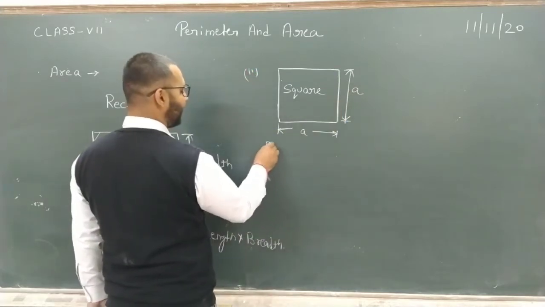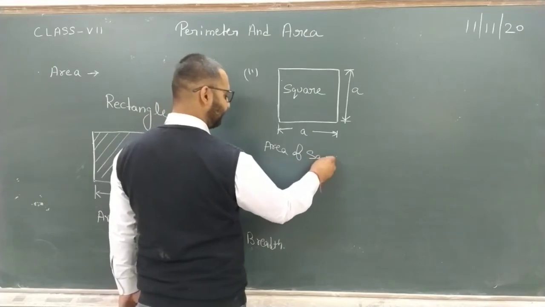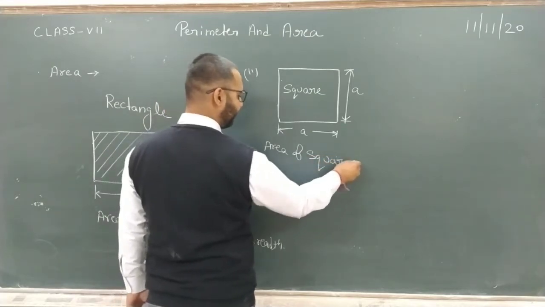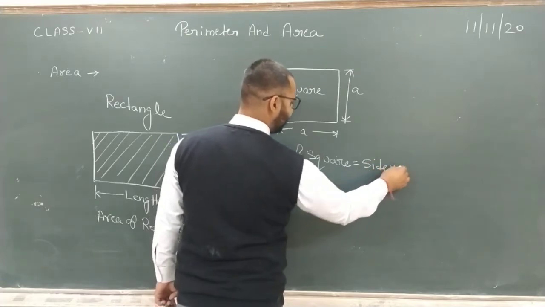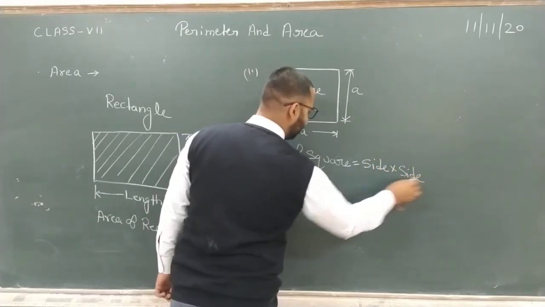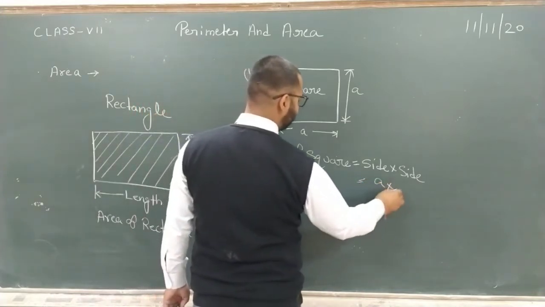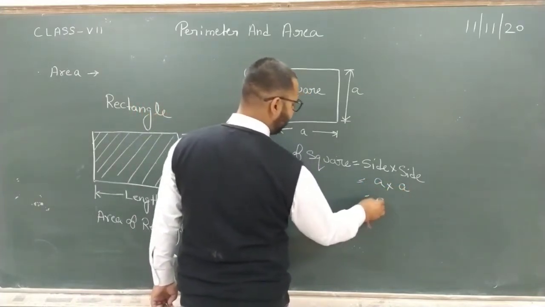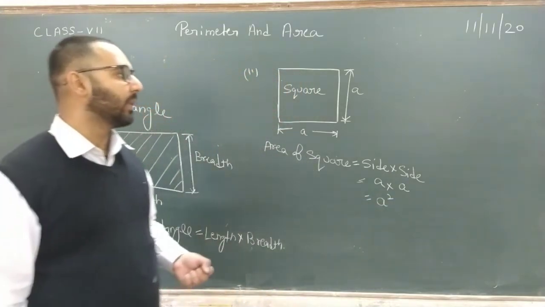So the area of a square is side multiplied by side, means A multiplied by A, so you can say A square, square of the side.